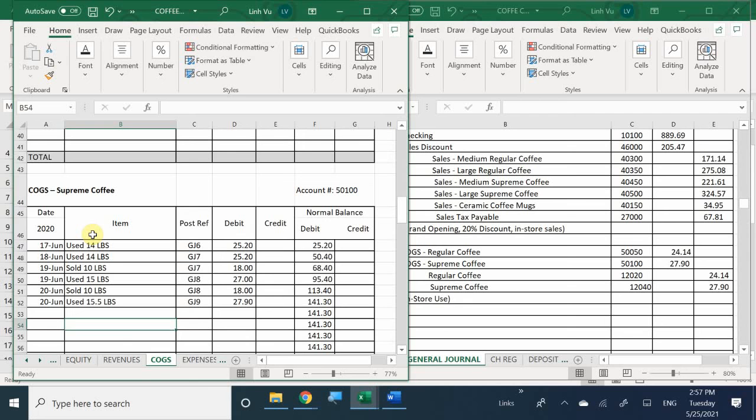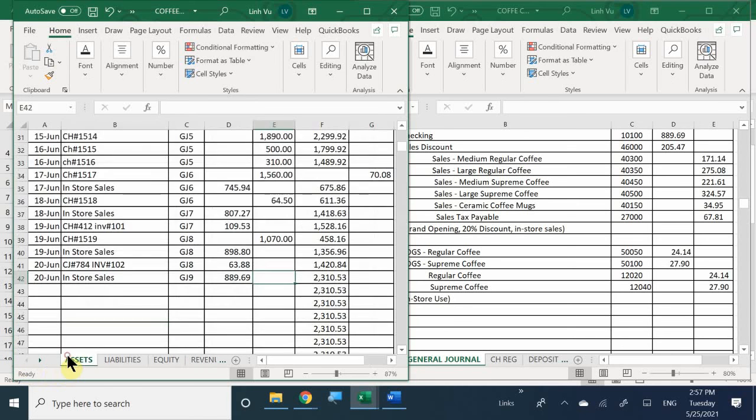Then you need to update the regular and supreme coffee under assets. Yes, we need to update our inventory. All right. So let's go here. Let's see what happened. So regular coffee. I think my mouse is dying.